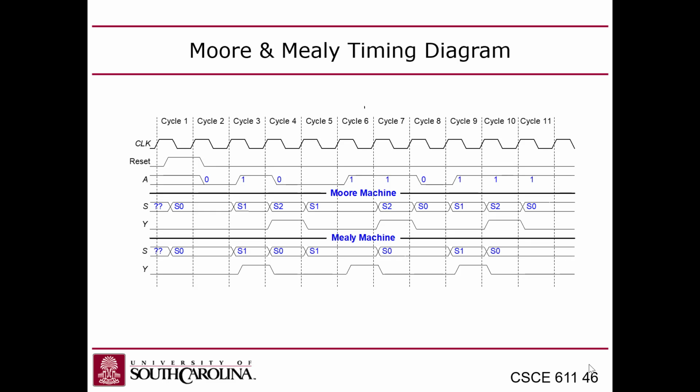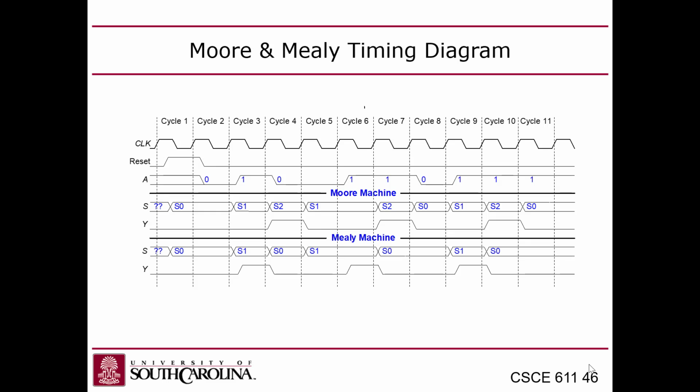You guys see that? So you still get a smile after every 0, 1, but if you look at the difference, the output happens one cycle earlier than in the Moore machine. So the Mealy machine can respond right away to seeing a 1 because the output is a function of the state and the input.